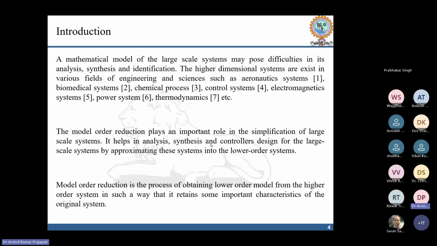How does it play an important role? It helps to do the analysis of large scale systems, the synthesis of large scale systems, and also helps in controller design or in the automation of complicated systems by approximating those complex systems into equivalent lower order systems.